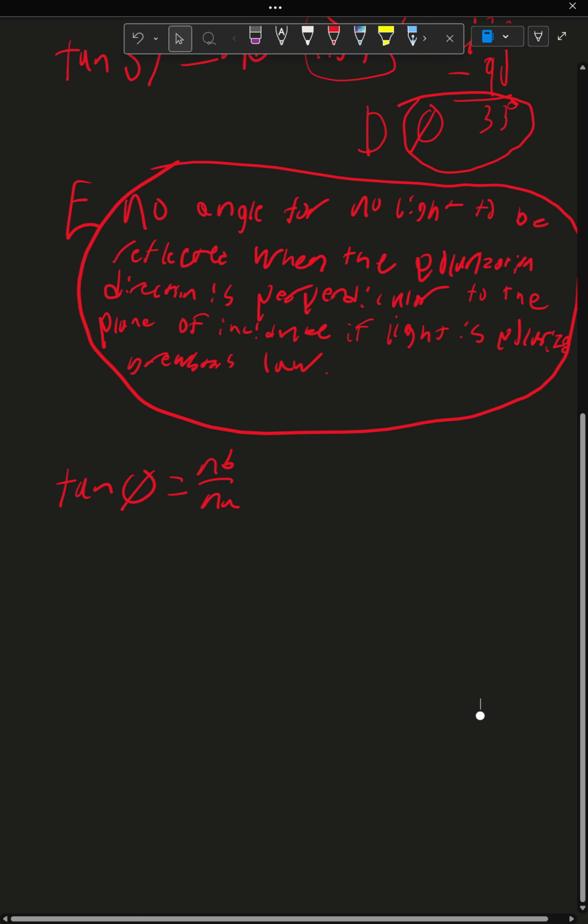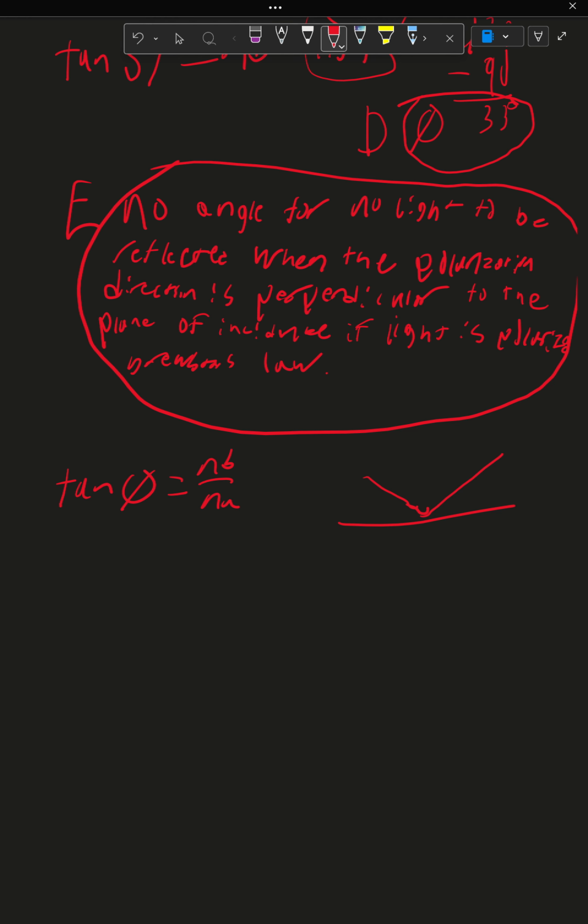So let's just draw this all out right now. So there's an angle where it has to be reflected. It'll be like this. There's 1.0, where there's no reflection.